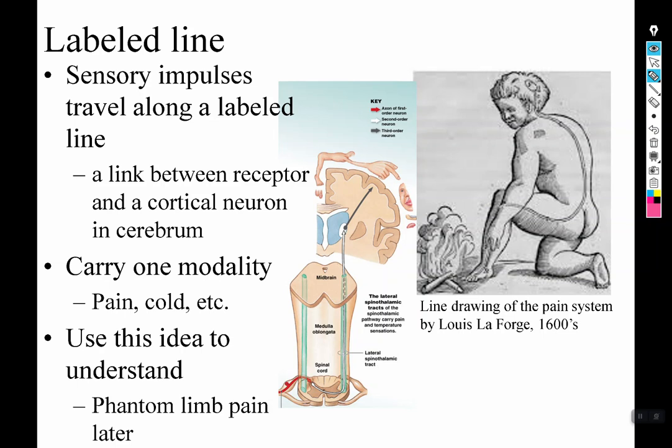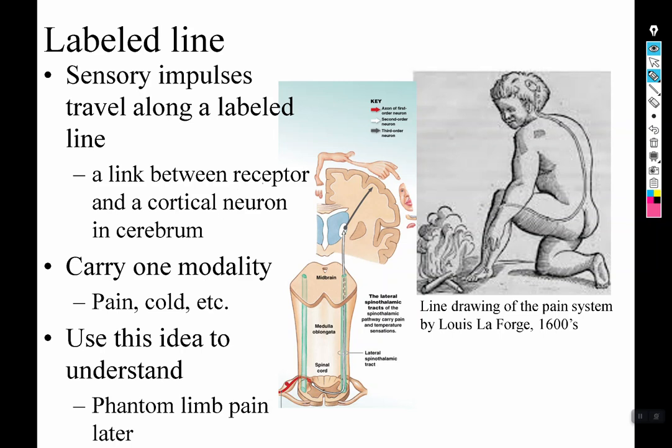They're associated with the same foot area or body area, but they're carrying different information. So an arriving impulse from a mechanoreceptor is not also carrying an arriving impulse from a pain receptor. Those are separate lines, and that's how the brain makes sense of and sorts them. So there is a link between a receptor and the cortical neuron in the cerebrum.